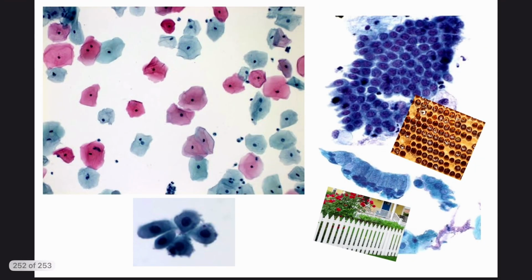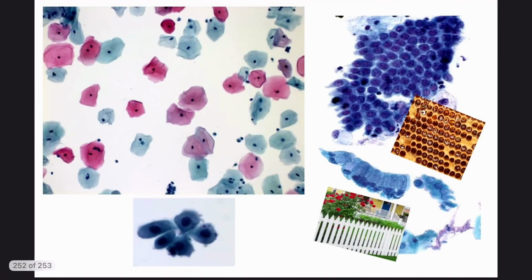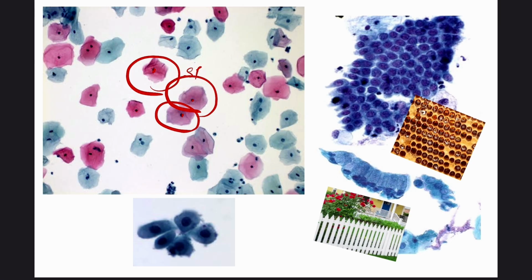This is the pap smear cytology that you can correlate with this. When you scrape the ecto and endocervix, you get these cells. These are the superficial cells, the large polygonal pink cells with eosinophilic cytoplasm and a central small pyknotic nucleus. Superficial cells are predominant in the estrogen phase, and these are the intermediate cells.